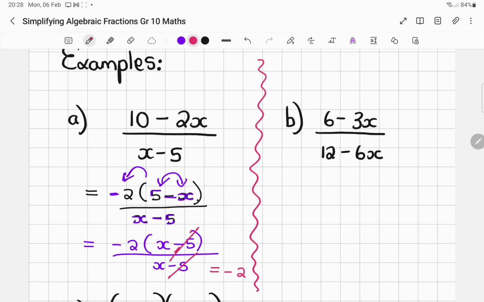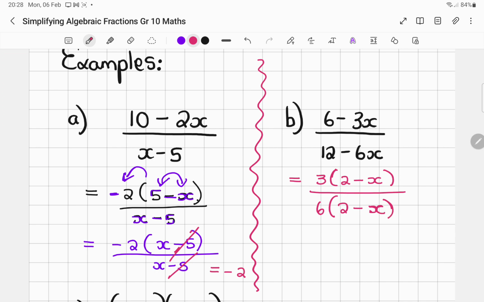Now same with over here. I'm going to take out a 3. What is left? 2 minus x. Am I right? 3 times 2 is 6 minus 3x all over. If I take out a 6 over here, what is left? 2 minus x.